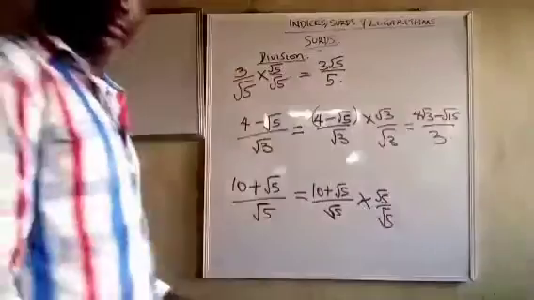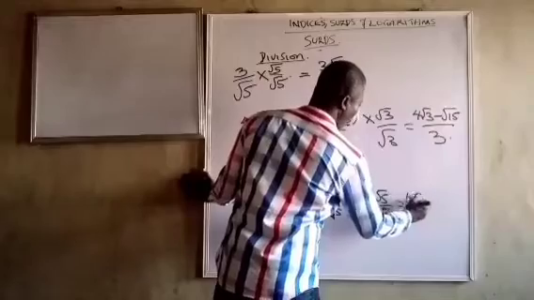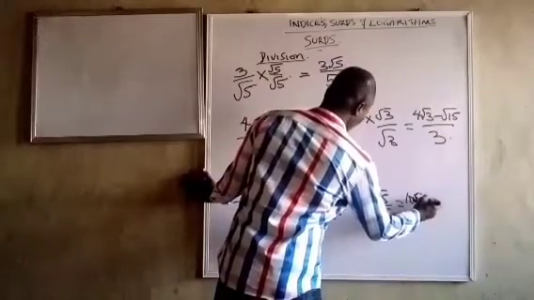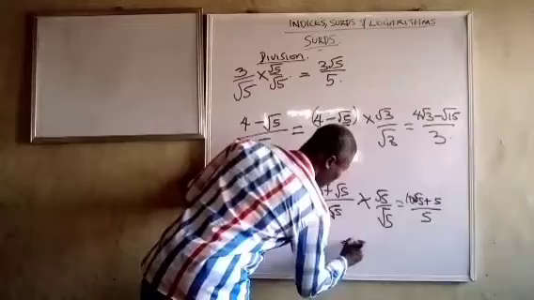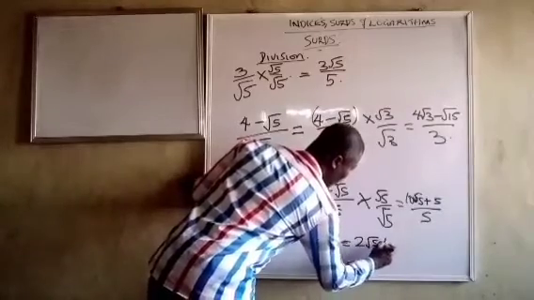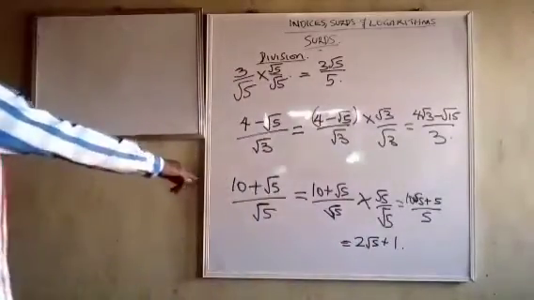What does that give us? So now we have 10 root 5 plus 5 over 5, and that will be 2 root 5 plus 1. You can see how easy it looks. It's better in this form than in the other format.